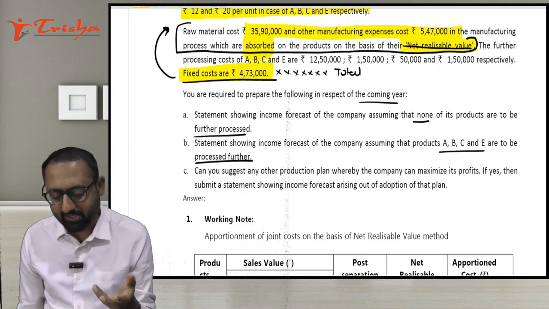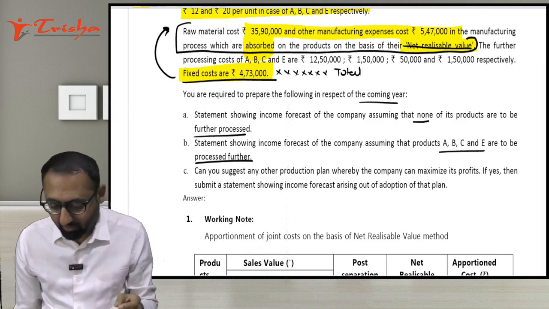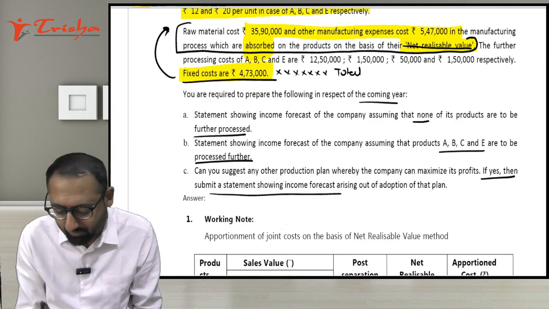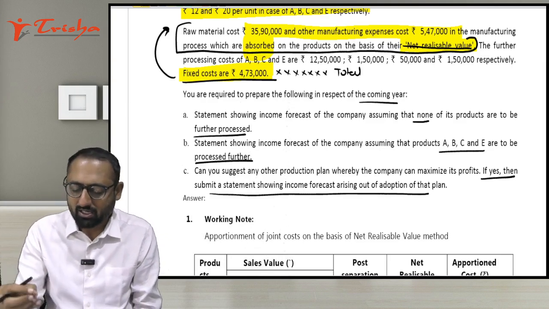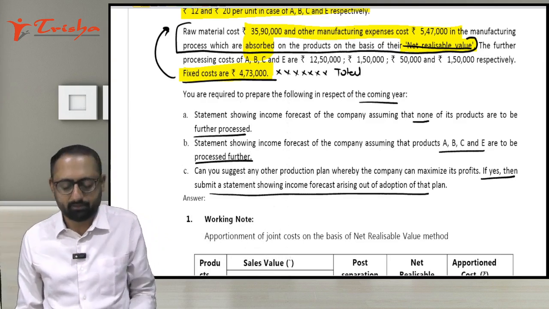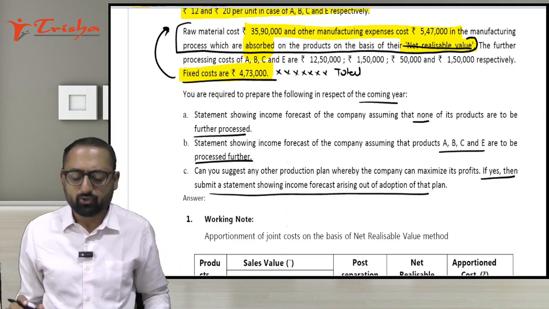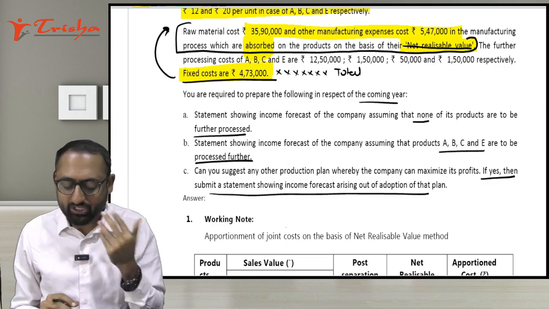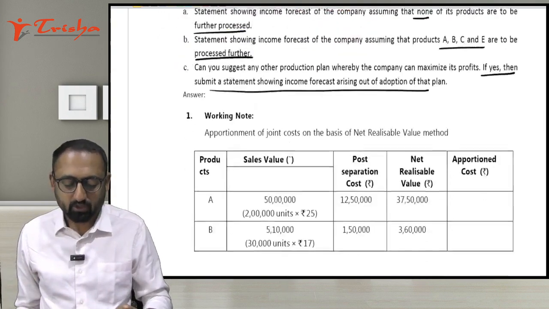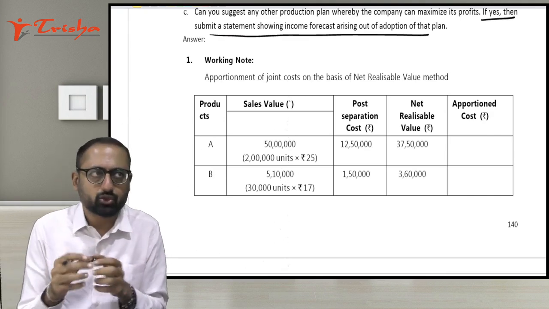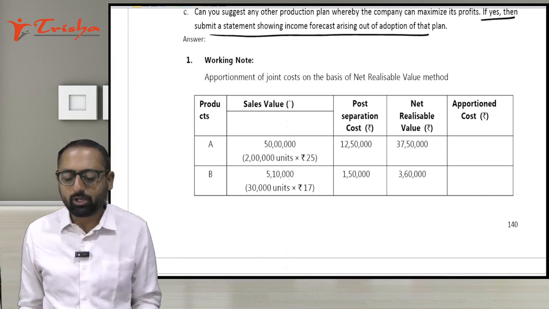Can you suggest any other production plan where the company can maximize its profit? If yes, then submit a statement showing the income forecast arising out of the adoption of that plan. So guys, boys and girls, let's work out quickly. The first part is the allocation of the joint cost in the ratio of NRV. How to calculate that NRV?